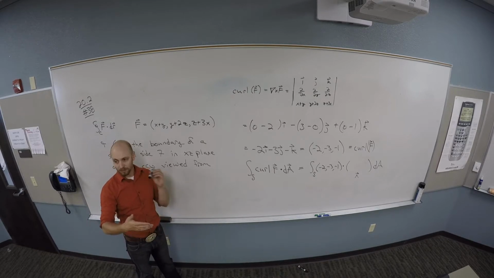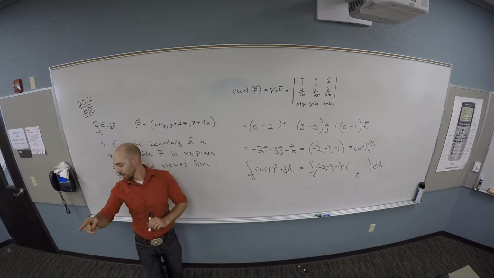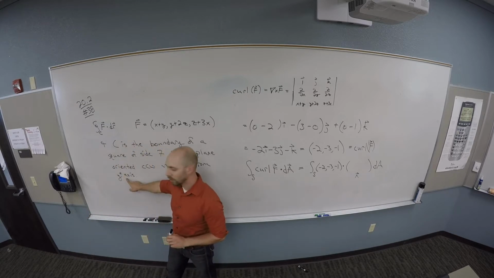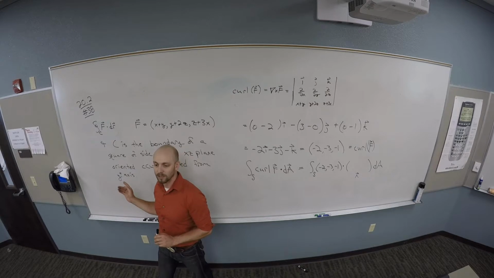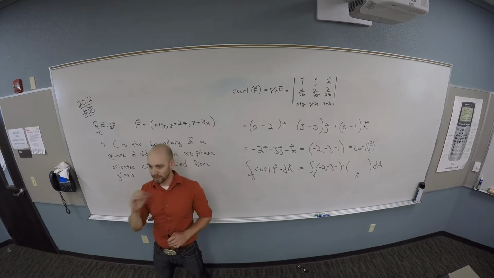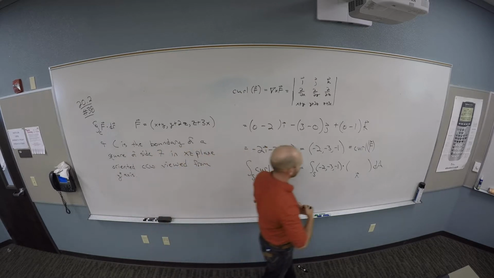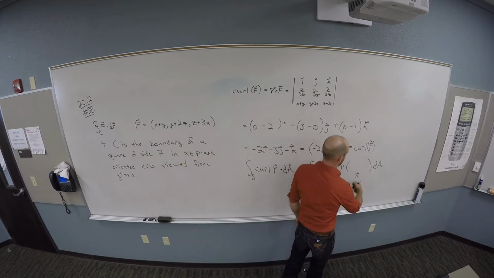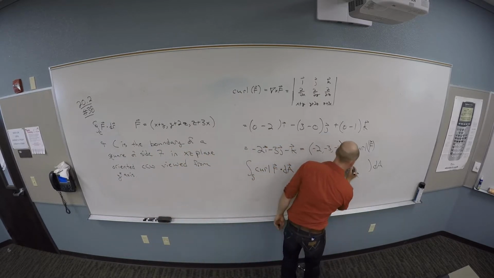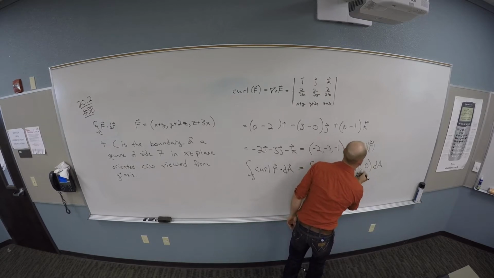Perpendicular to that, it's going to stick out along the y-axis one way or the other. And j is going to be positive because we know y is positive. So if I look down from the y-axis, I see it counterclockwise, which means I'm looking down the normal vector. So my normal vector has to be (0, 1, 0), right? j.